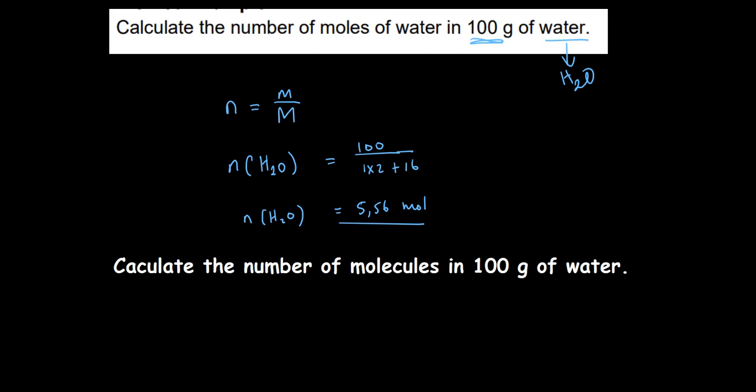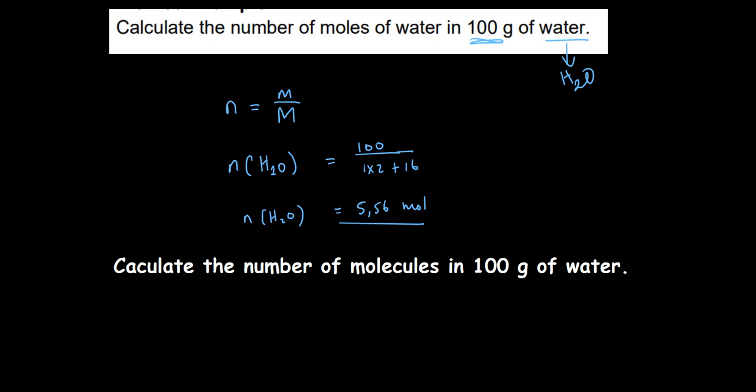How are we going to solve it? Exactly, that's very much correct. We would need to find the number of moles first. Why get the number of moles? Because once we know the number of moles, we can multiply them by Avogadro's number. Then we'll get how many molecules of water we have.